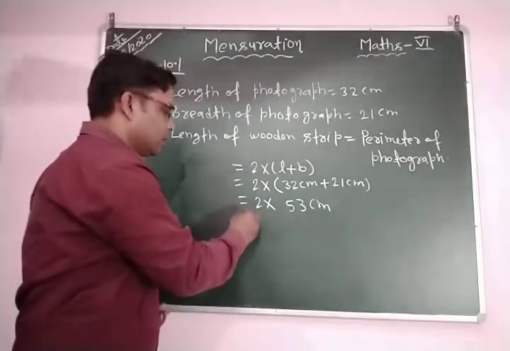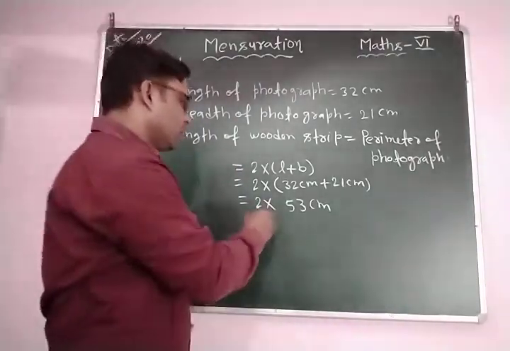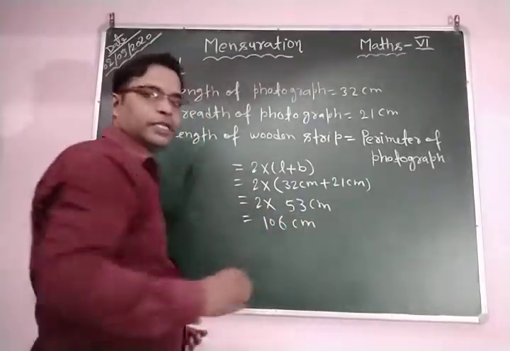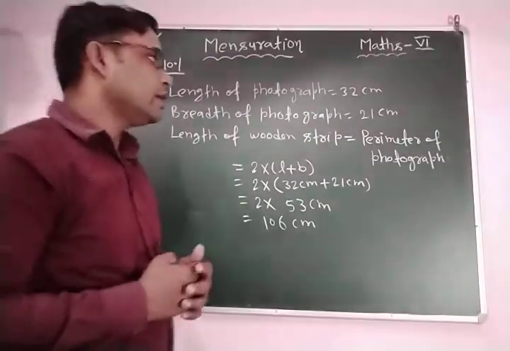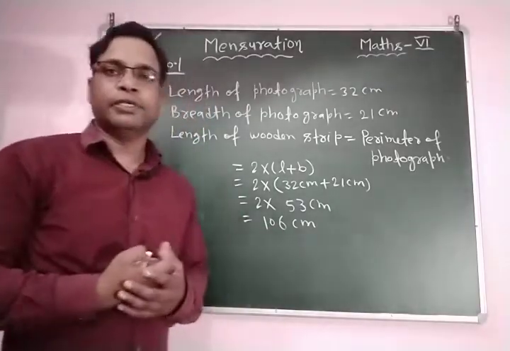If you multiply 53 into 2, this becomes 106 centimeters. In this way you can see the length of wooden strip required to frame the photograph is equal to 106 centimeters.